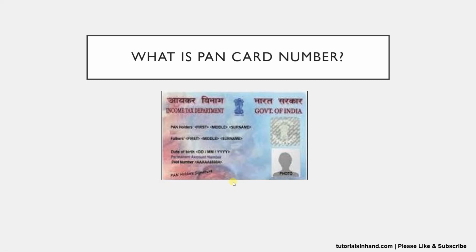PAN card is actually a 10-character long alphanumeric unique identifier which is issued by the Government of India Income Tax Department to any person or company, firm, government or any entity who applies for it, and the primary purpose of the PAN card is to bring a universal identification for the financial transactions that is done by these entity and to prevent any tax evasion, so that any illegal transactions should not be done, which includes the high net worth individuals who can actually impact the economy.